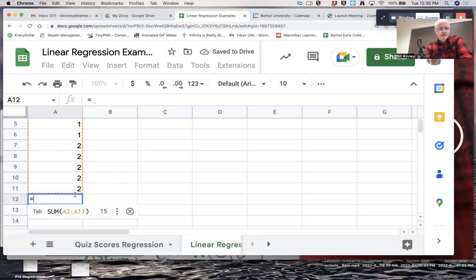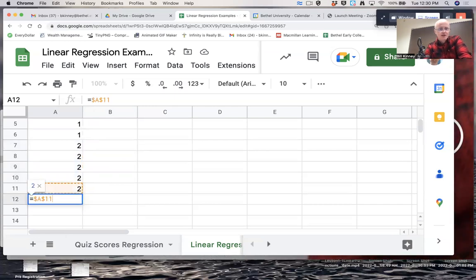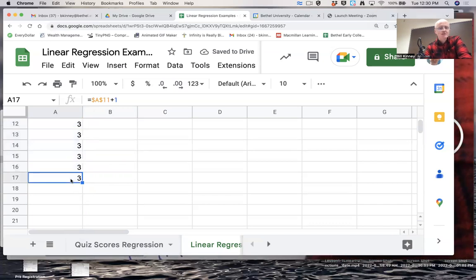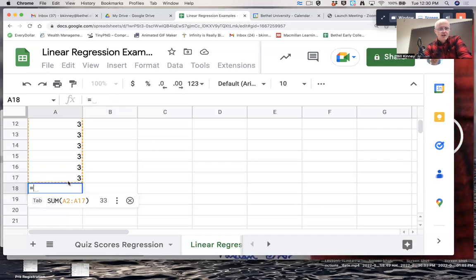Maybe I want a bunch of 3s as well. $A$11 plus 1. Say 5 3s. Keep going. How far should I go? I don't feel like going too much further.